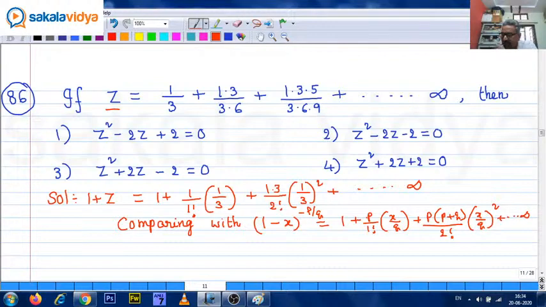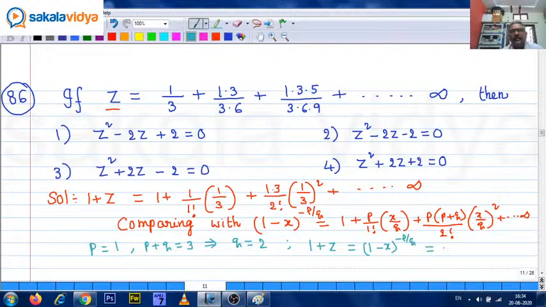So by comparison we get p value equal to 1. Am I correct? p plus q is equal to 3, that implies q is equal to 2, whereas 1 plus z equals 1 minus x whole to the power of minus p by q.